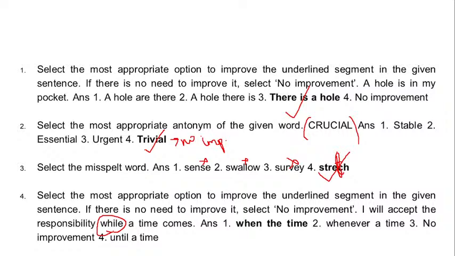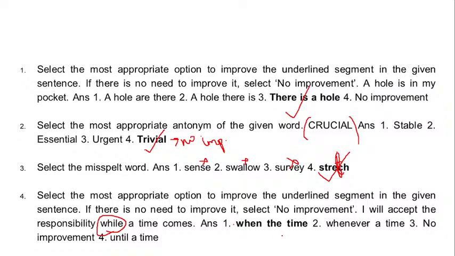Dependent, when this dependent clause will actually depend on the main clause. So a time comes depends on I will accept the responsibility. So this is our main clause, and a time comes is the dependent clause. So a correct conjunction has to be supplied.